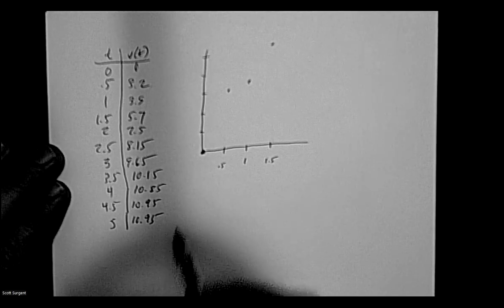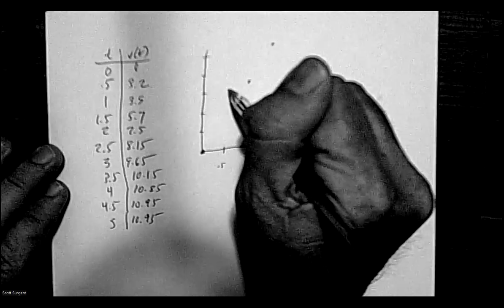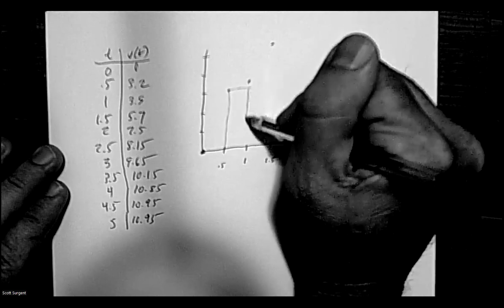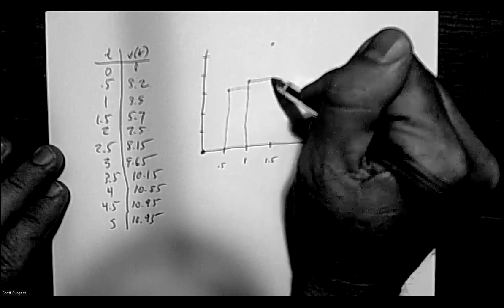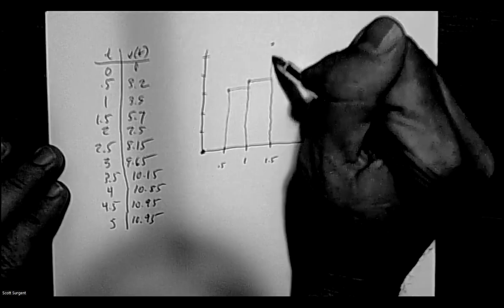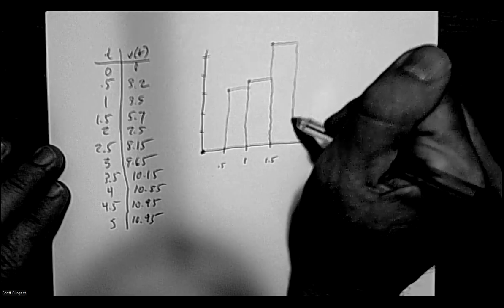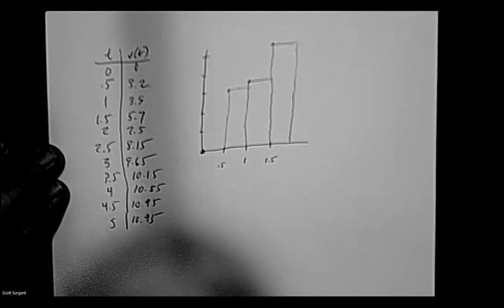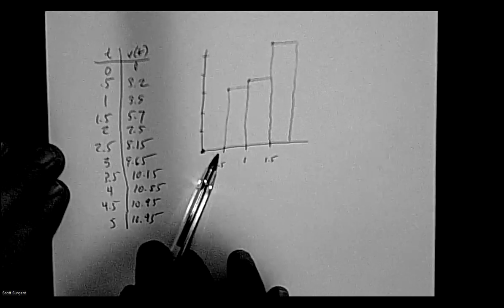So on left rectangles, you're drawing the rectangles in such a way that the upper left corner over each interval touches the point. Now, the interesting thing about this is that the left rectangle for the first interval is 0. Do you see that? Yeah.